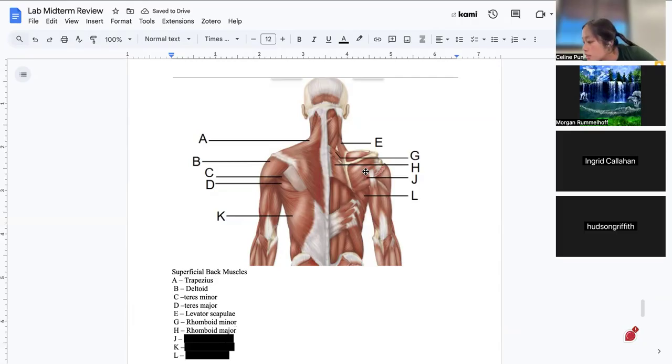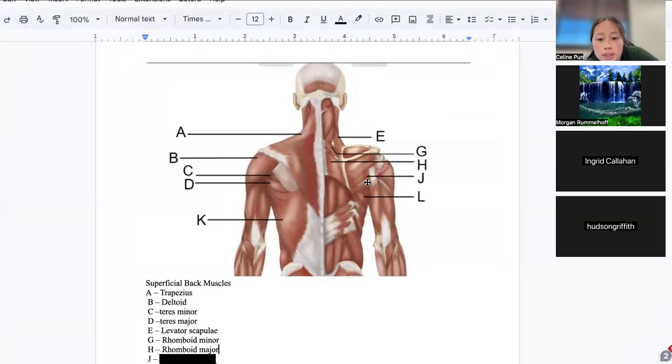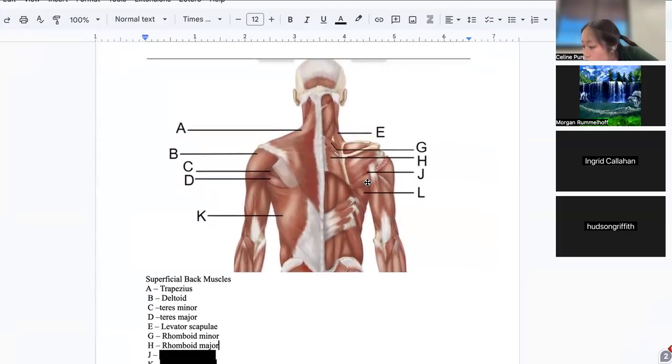J is this tiny muscle here. What is that? Super deep. I need to zoom in to see it.